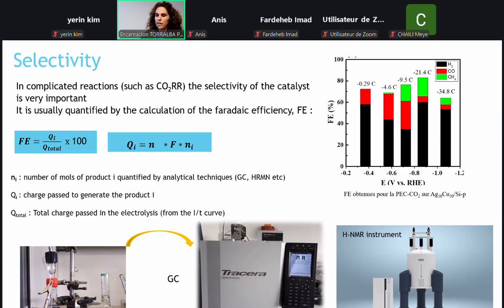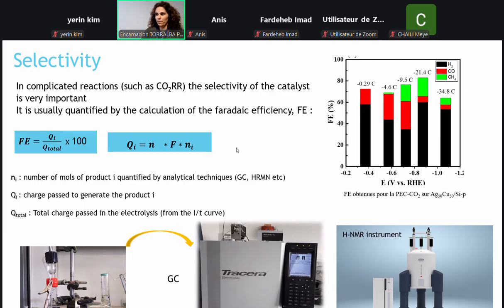So in my cell, I inject CO2, and then I produce some gases and some liquids. The gases I'm going to analyze by GC, and the liquids by NMR. From my GC analysis, for example, I'm going to know how much product I obtain.